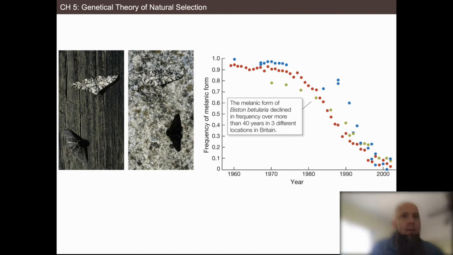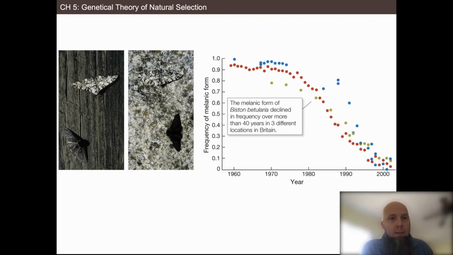And what it did was coat the trees in the neighboring areas that are normally covered with this living material we call lichen, as you see on the right image. And it creates this kind of mossy look on the trunk of trees. And the peppered moths that live in that area were predominantly white with black flecks on them.